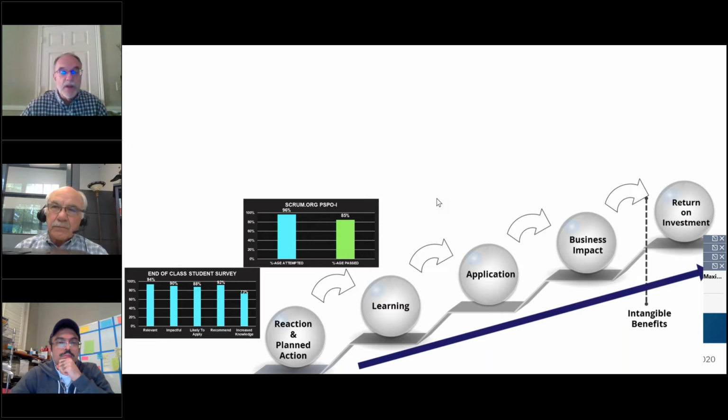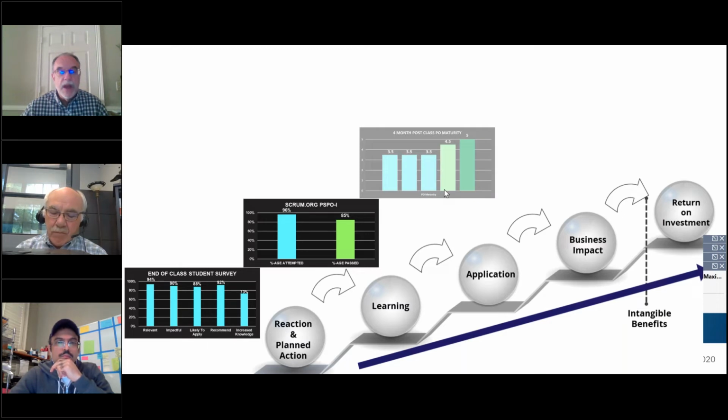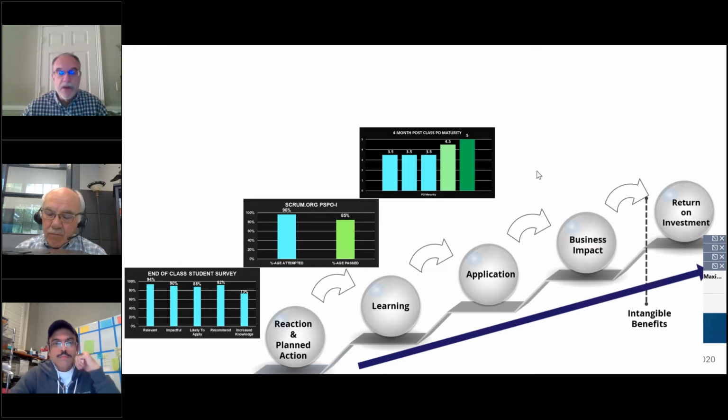It wasn't strictly product owners that took this, and so the 4% and 15% that didn't hit the objectives, those were not product owners. We actually had 100% passage in the product owner ranks, and so that was a very successful learning metric.